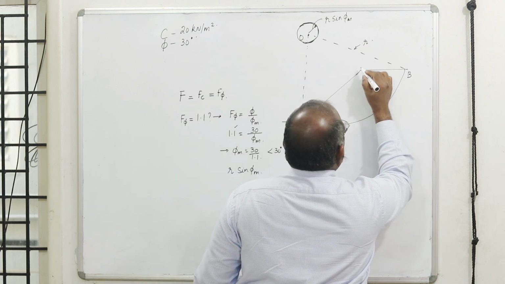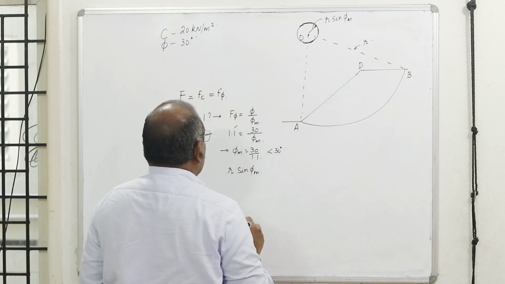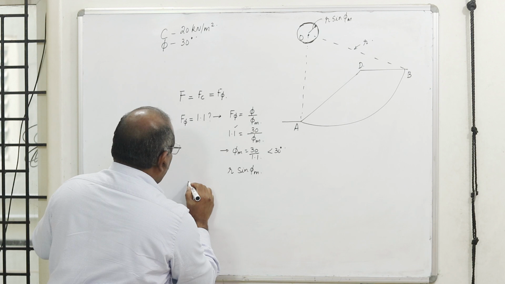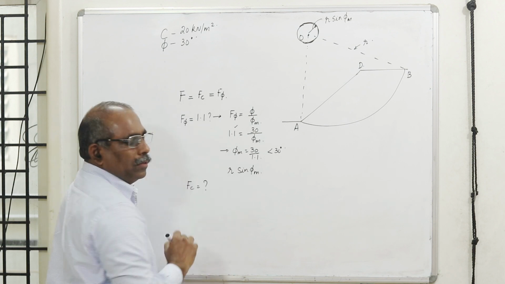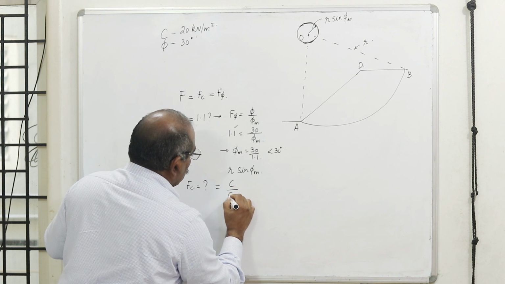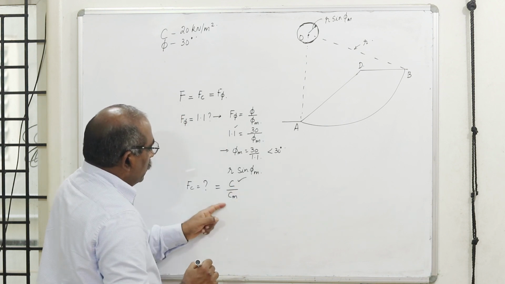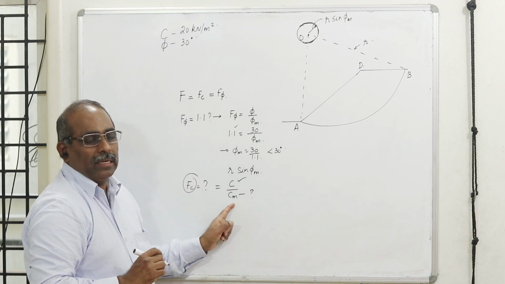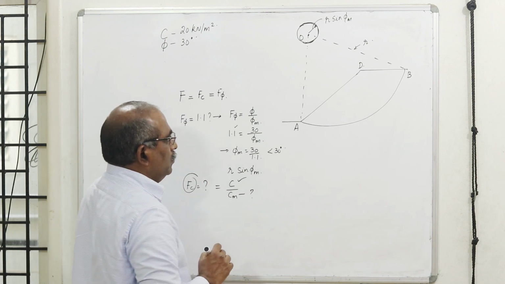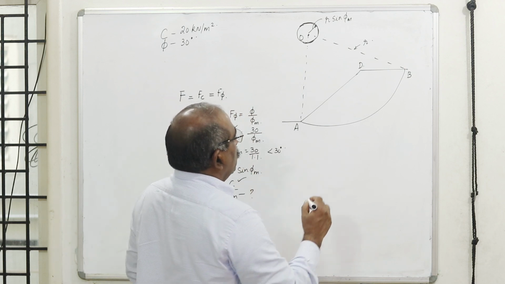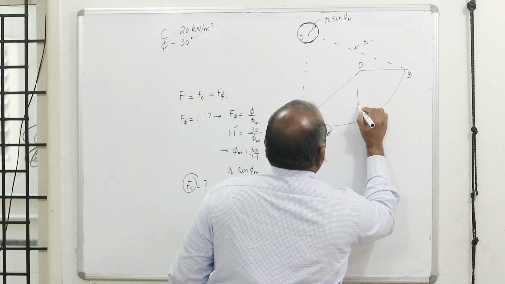Students, now I assumed Fφ is equal to 1.1. What is my factor of safety with respect to cohesion? That is the question. I know my c, and this Fc can be found only if I find out Cm. To get this Cm, for this trial slip circle I am going to form the force triangle.